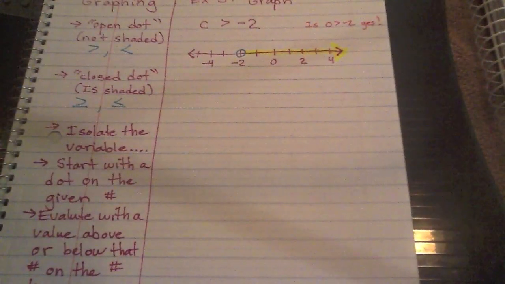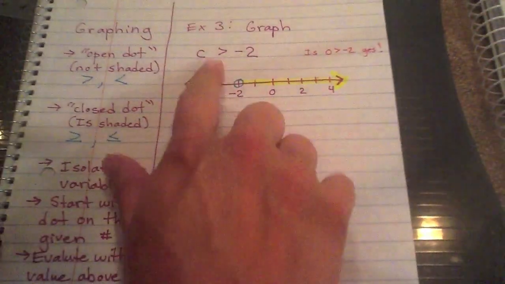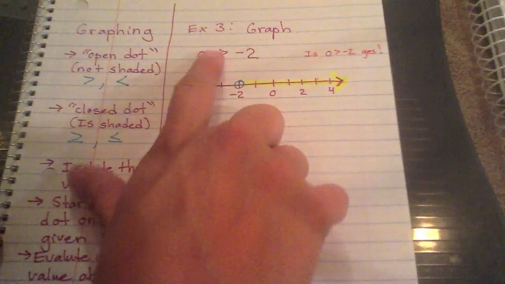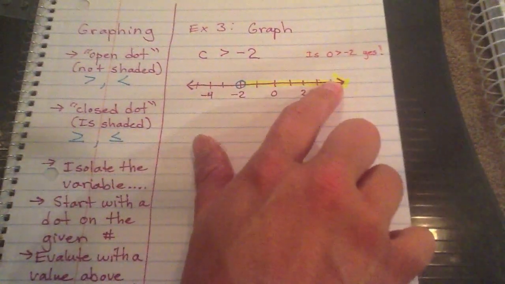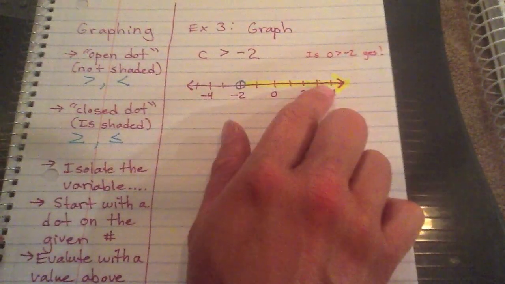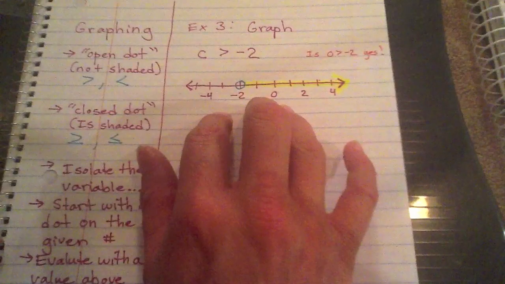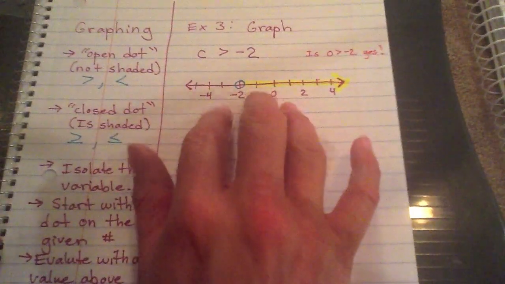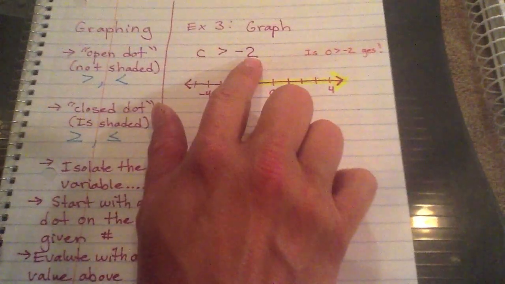Now I want to go over one more thing here that's really important. I know a lot of you have learned a shortcut here that it's the variable and then whatever way the arrow is pointing is the way that you end up shading. This is a great shortcut if you understand the whole rule, but you have to make sure you understand the whole rule. And the rule is that it only works when the variable's on the left and the number's on the right.